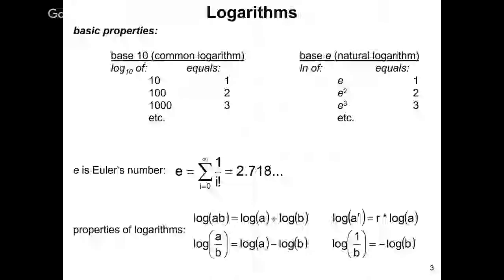So 2.7 and then 1828 keeps repeating, I think, forever. But for us, 2.72 is what we can round. Rounding is okay. So that is the base.